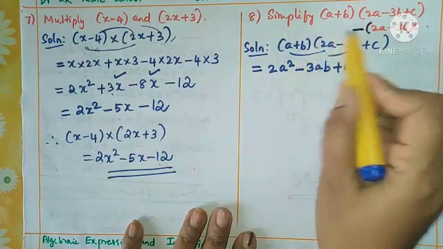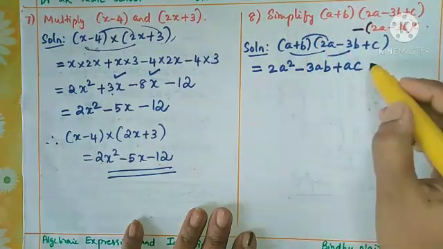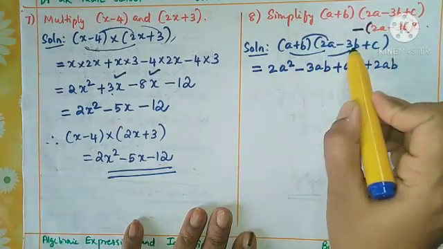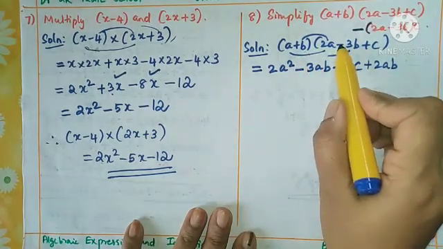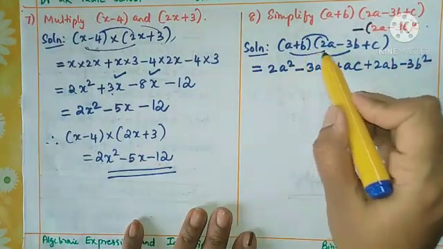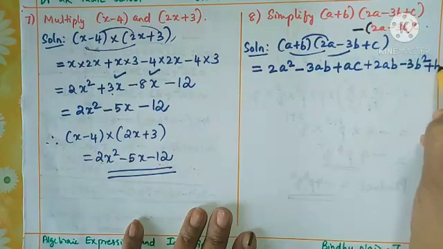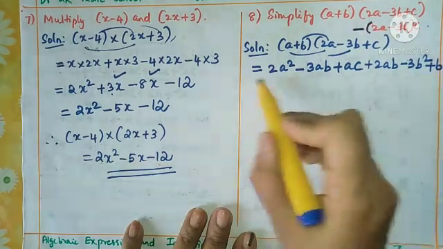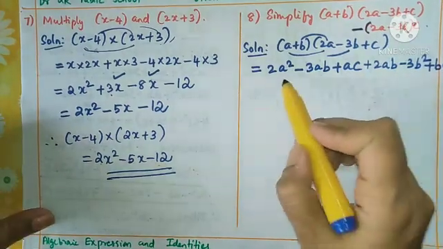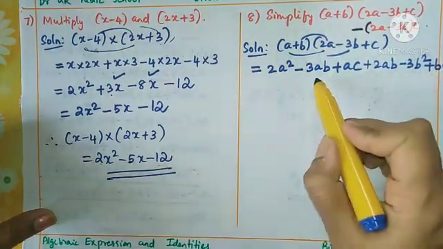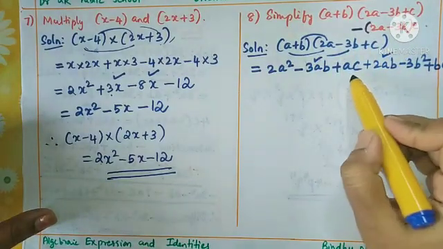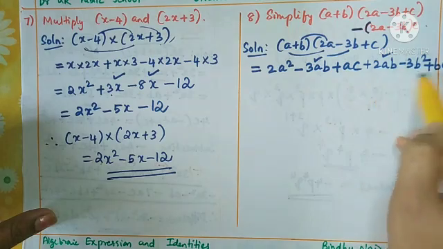Now b with the 3 terms. b into 2a, that is 2ab, see the sign also, b into minus 3b, that is minus 3b square, and finally b into c, that is plus bc. Okay, so we removed the brackets. Now just see what are the like terms here. A square is alone, ab, yes, here is one ab, here one ab, then ac is alone, bc also alone.